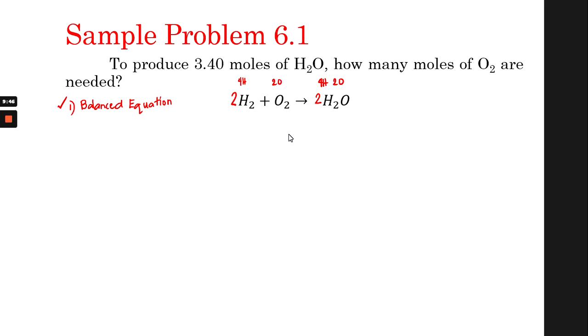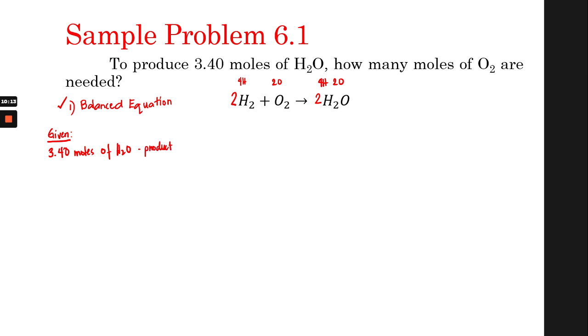After balancing the equation, we can now solve for whatever we are looking for. So let's write our given. From the problem, we are given 3.4 moles of H2O. And we know that this H2O is actually our product.